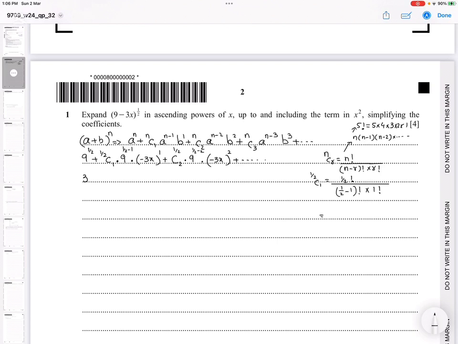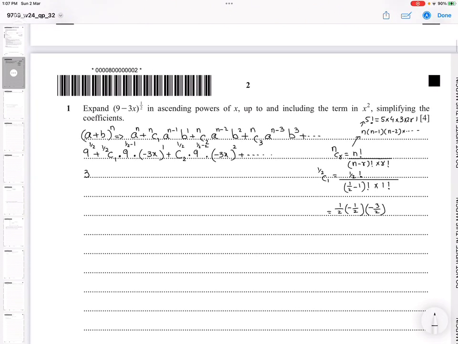So 1 over 2 factorial will go like this. 1 over 2 times, subtracting 1 from 1 over 2 gives minus 1 over 2, then subtracting 1 again gives minus 3 over 2, like that. You stop it here because your denominator is not a very big value.